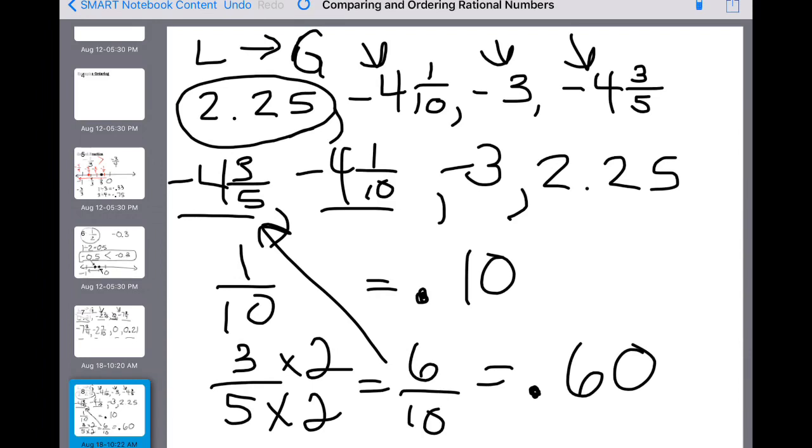Even though 60 cents is more, remember these are negative. So you owe 60 cents. The more you owe, the smaller the number. So again, -4 and 3/5 is the smallest, then -4 and 1/10, then -3, then 2 and 25/100ths.